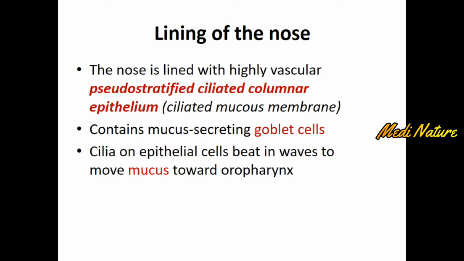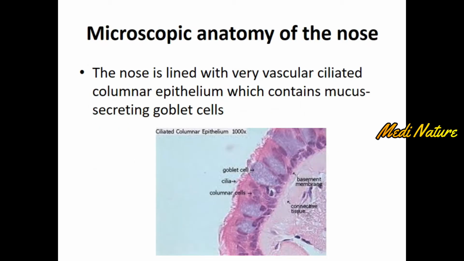They beat in waves in one direction in order to remove this mucus with those external substances towards the oropharynx in order to remove them from the body. So the nose is lined with very vascular ciliated columnar epithelium which contains mucus secreting goblet cells.